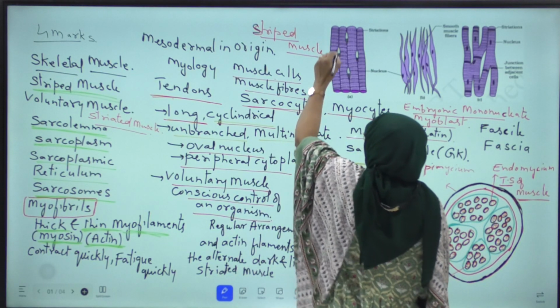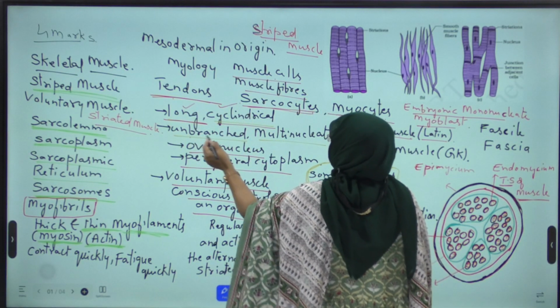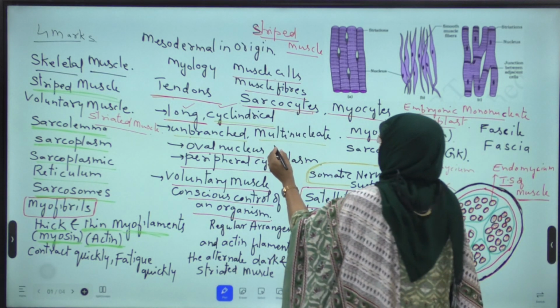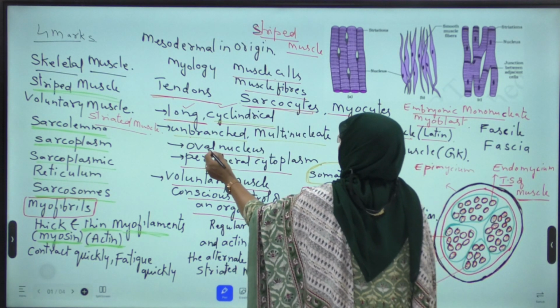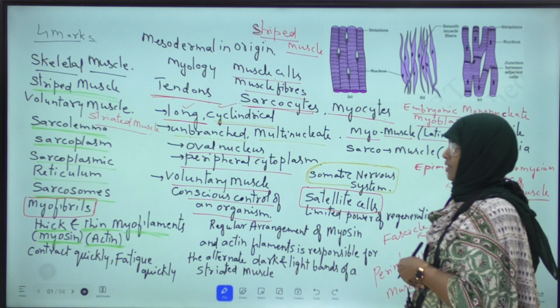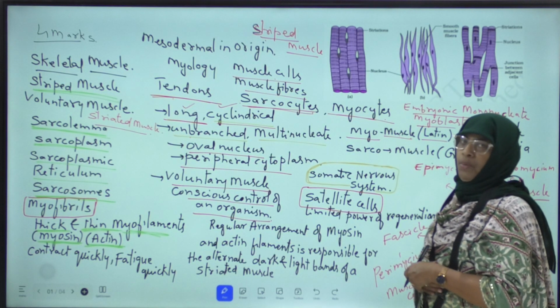These cells are long, cylindrical, unbranched, and multinucleate. What shape of nucleus is present? Oval shaped nuclei are present, and these nuclei are arranged in the peripheral cytoplasm.